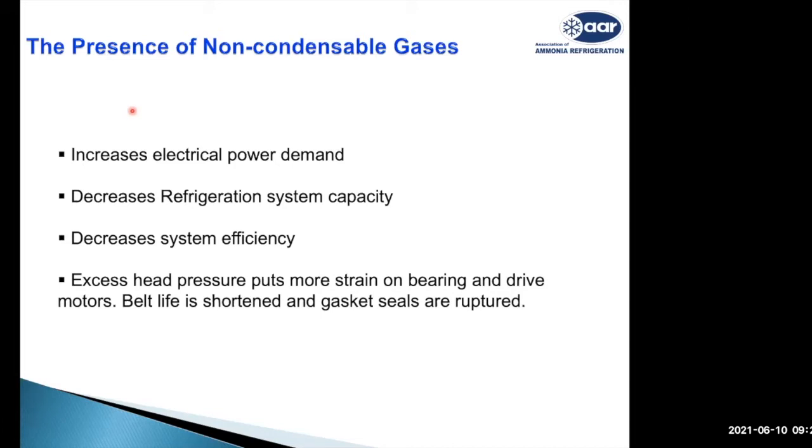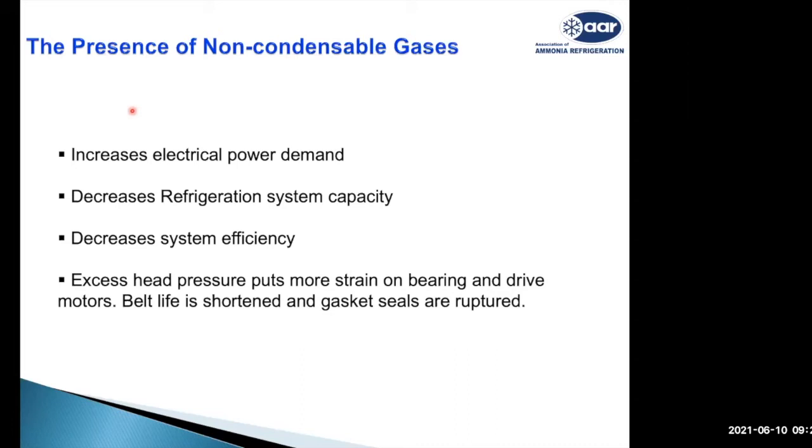As my discharge pressure increases, my compressor has to do more work, and this accumulation of air reduces my refrigeration capacity. So it increases my power demand and decreases my refrigeration capacity. Overall, it decreases my plant's system efficiency.